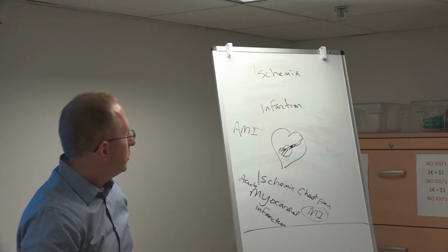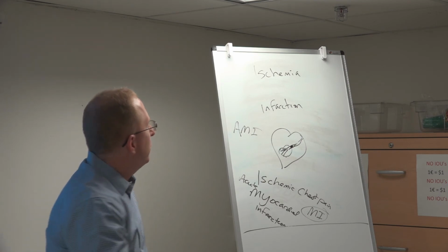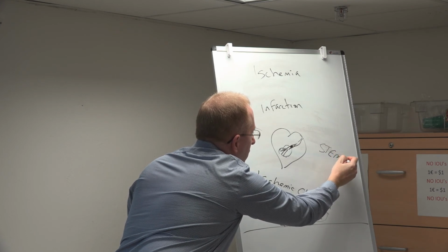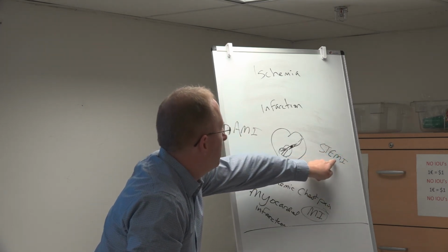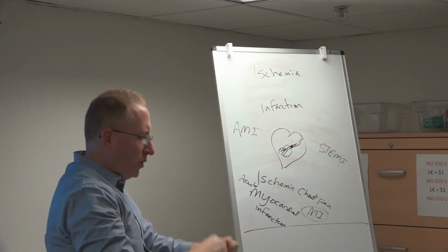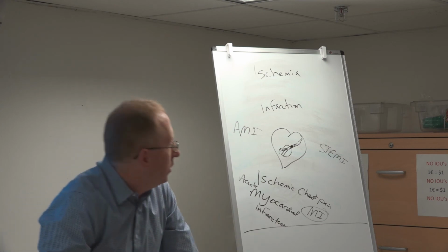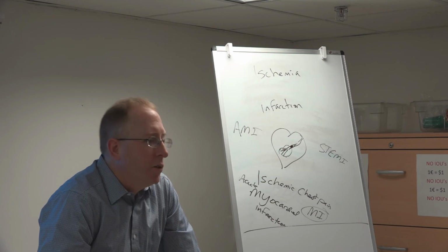And then later on in the course, you'll hear about something called STEMI, ST elevation myocardial infarction. That's a specific term on an EKG, but that'll be here in a couple of weeks.